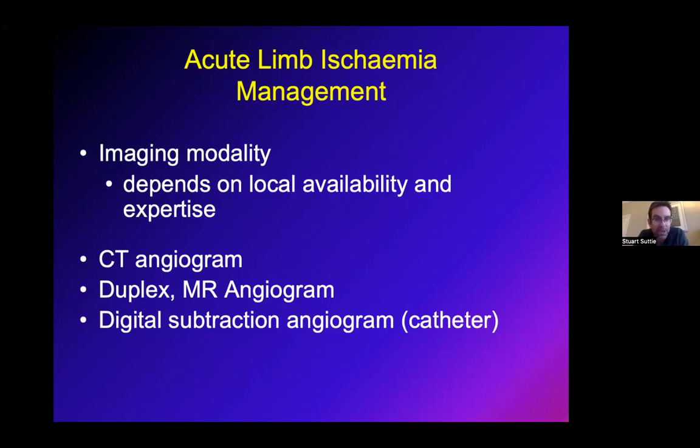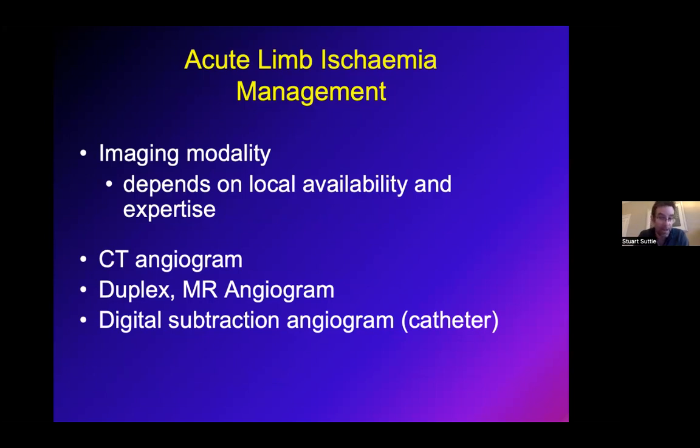One of the quickest imaging to do, which gives you the majority of information you need, is a CT angiogram. It is rapid. It lets you see the arteries in detail, any calcification, any underlying stenoses, but it also lets you know the extent of the thrombus load, and it helps you plan the procedure.